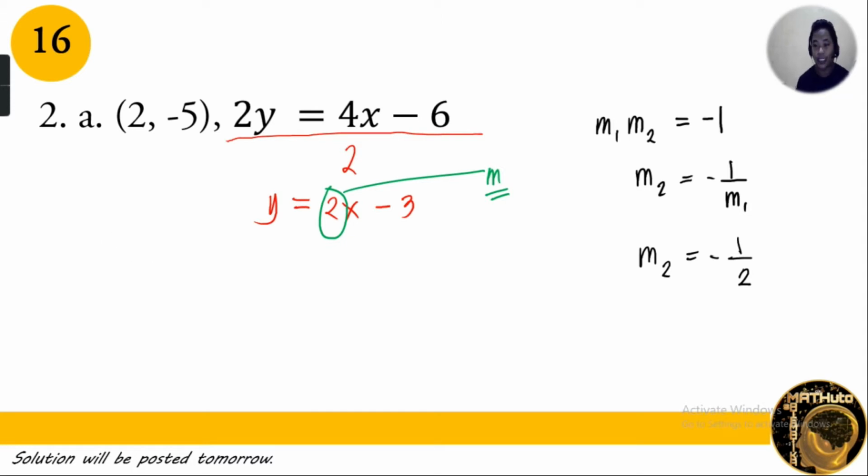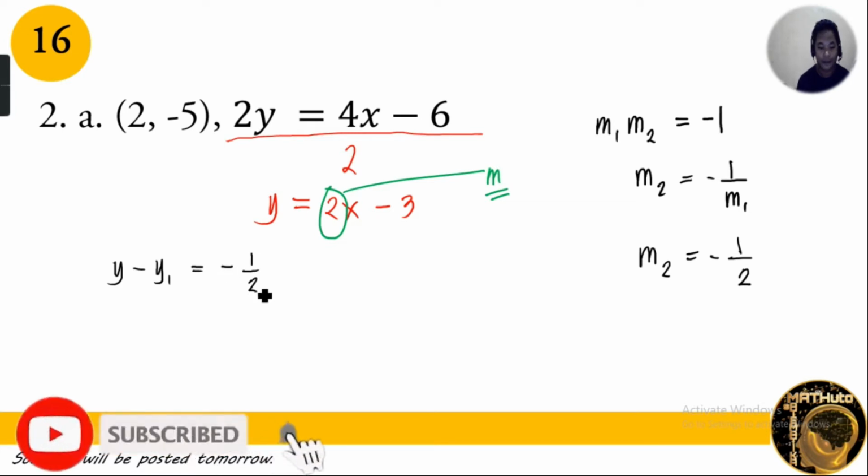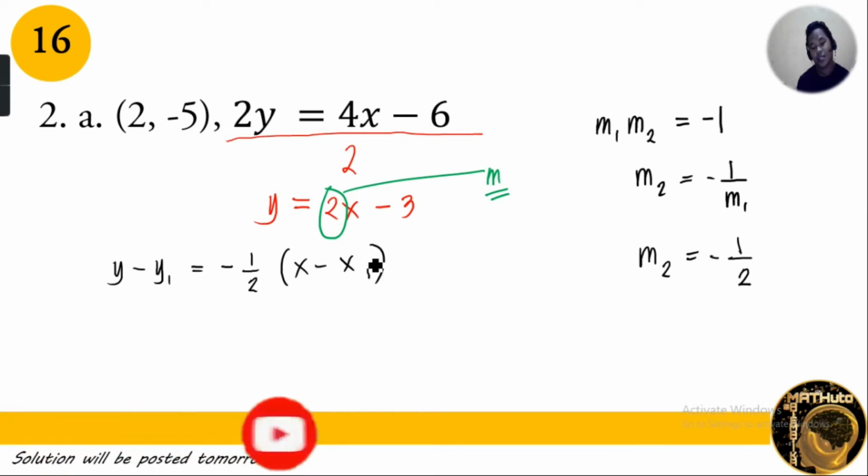And then, using the point slope form, we have y minus y sub 1 is equal to, so ang gagamitin nating slope is yung ating nakuha, negative 1/2 times x minus x sub 1. So, ulitin ko po, yung ating slope ng perpendicular line to the given line is the negative reciprocal.